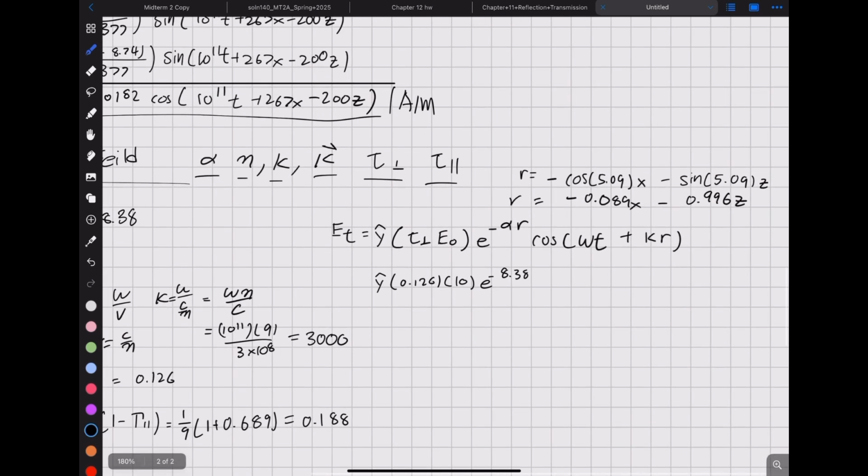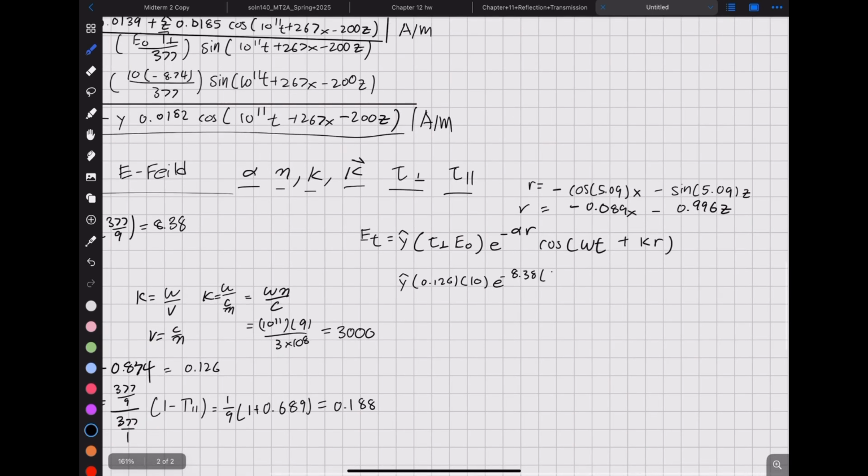We have an R value of negative 0.089x, this R just goes right into there, 0.996z. Okay, and then we're going to have our cosine, omega 10 to 11 t plus 3,000 multiplied by this R value.